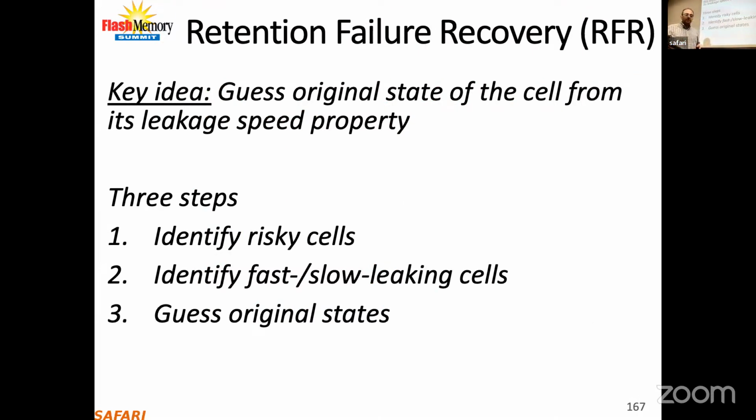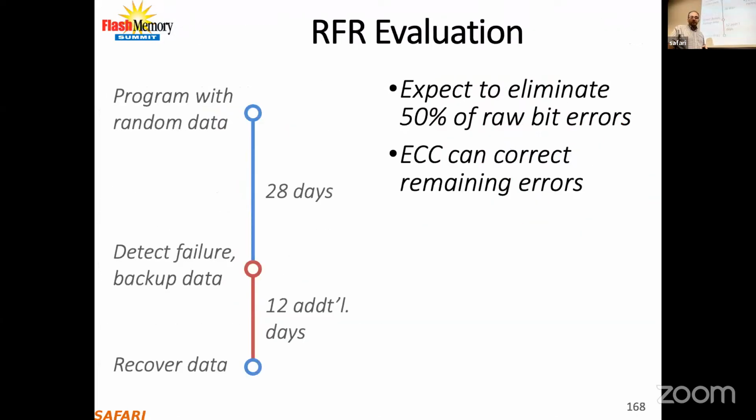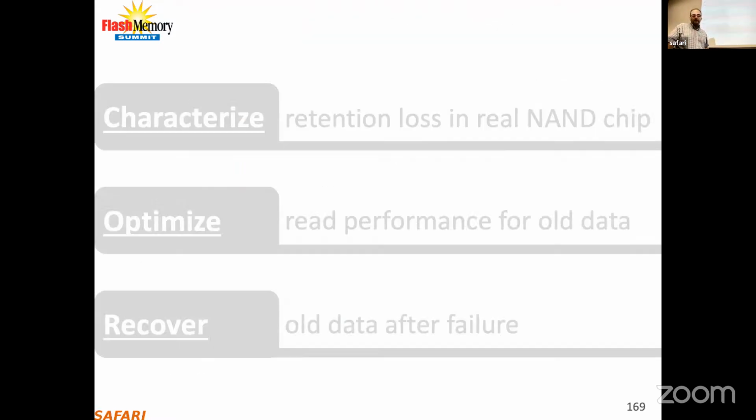That's the technique that we have proposed for retention failure recovery. We expect to eliminate 50% of raw bit errors using this technique, and then the rest of the errors, hopefully ECC can correct, and then your device can be recovered completely.